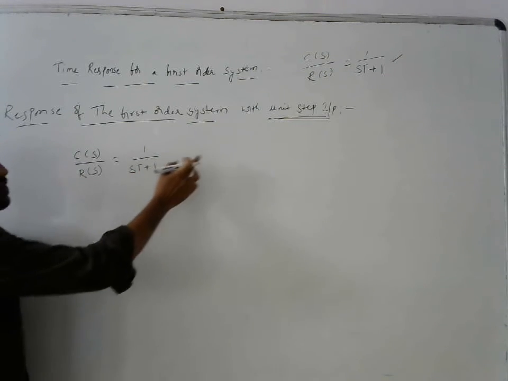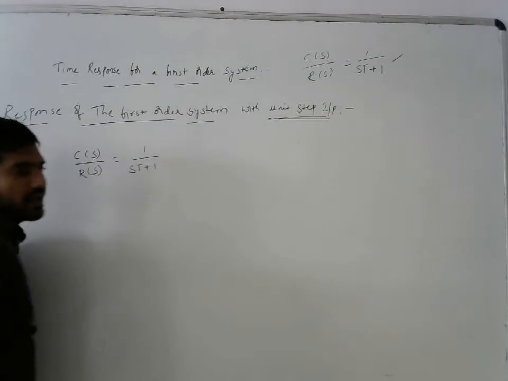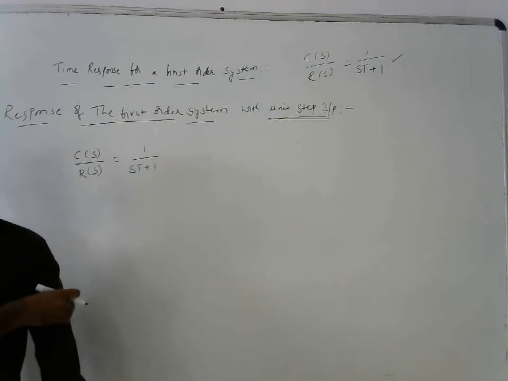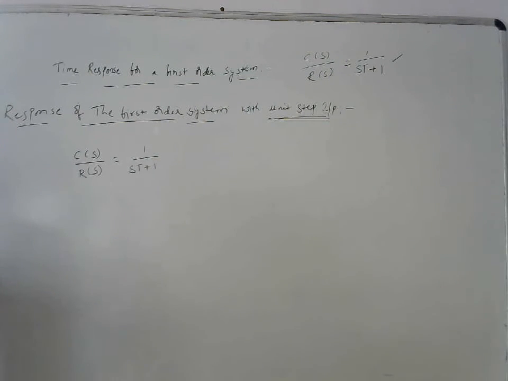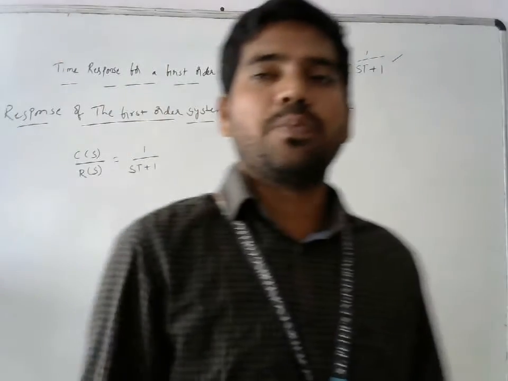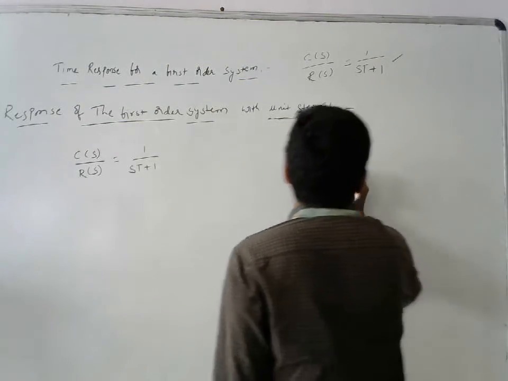Now which signal are we going to apply? The unit step input. The actual value of the step input is A by S, but here we are going to consider it as a unit step input.